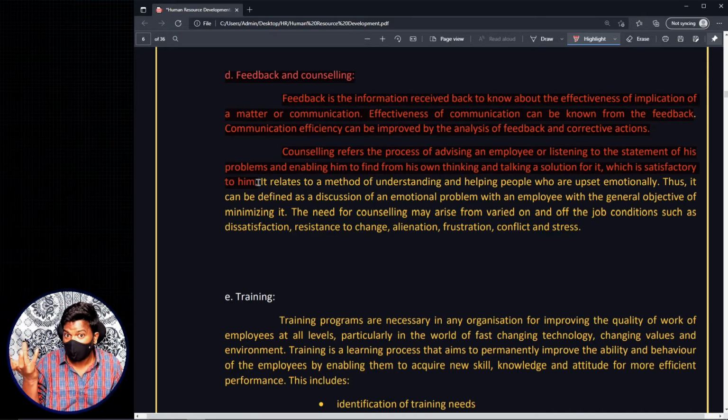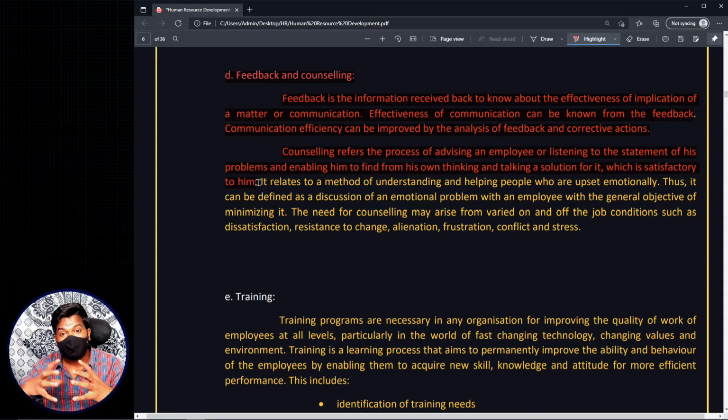These are basically trained people. The counselor creates an environment which enables the troubled employee to look at his problem in different dimensions, where he can think of different solutions. If I am a troubled employee and I have different alternative solutions to my problem, and I choose one among them, I will have a satisfaction telling that he did not ask me to do that, I did this on my own choice.